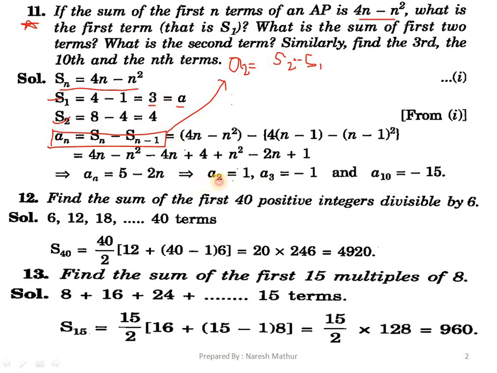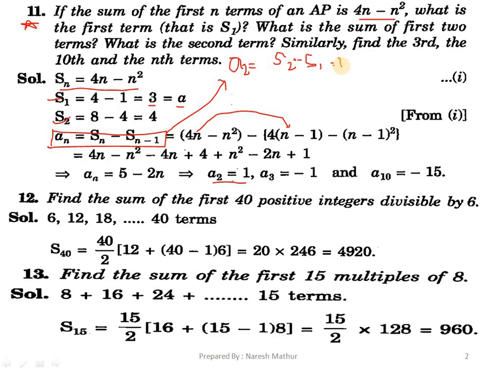So a2 equals 1. Or we can subtract the general forms, replacing n with n minus 1 in this term. You can go for either method, and we get a2 equals 1.